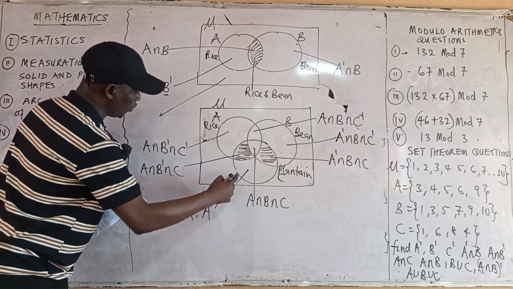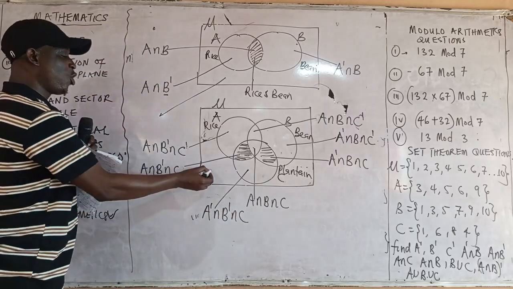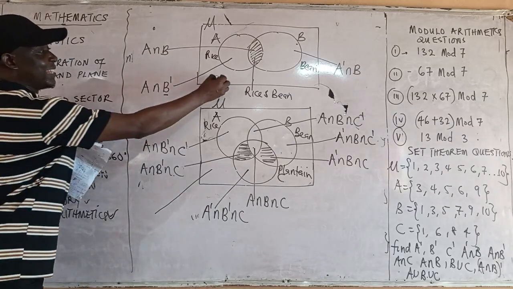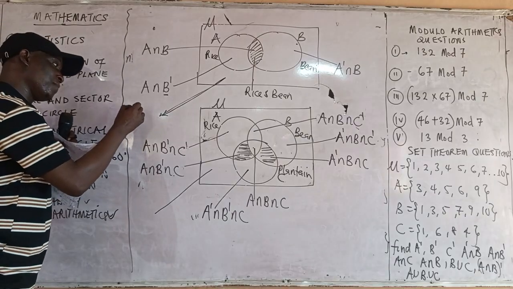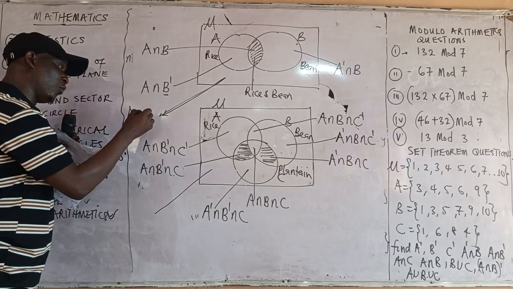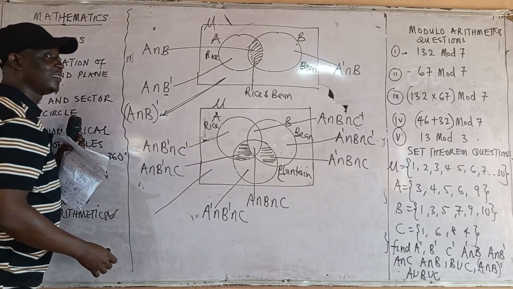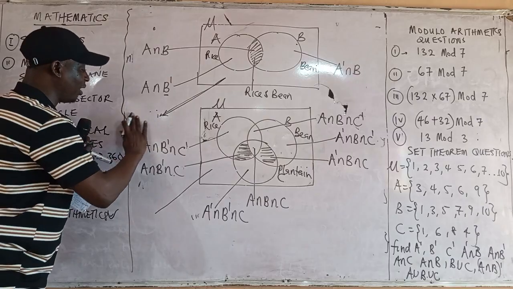A prime intersection B prime intersection C. I mean, who can tell me what is outside? Not like this one. What is outside here? That means A intersection what? B or what? You are wrong. So that is what?